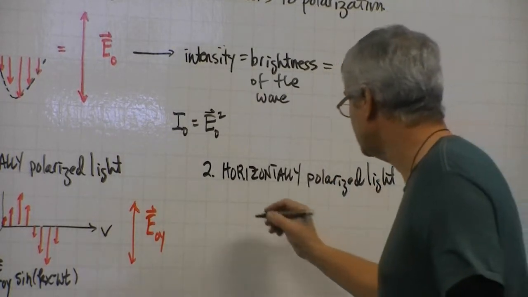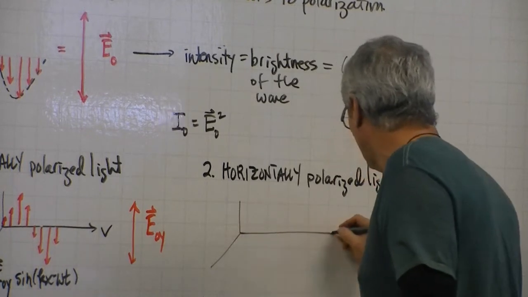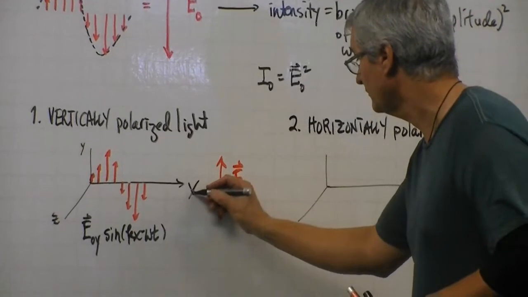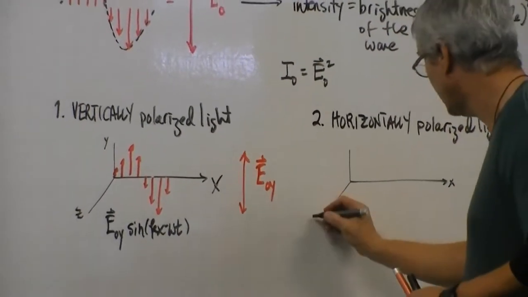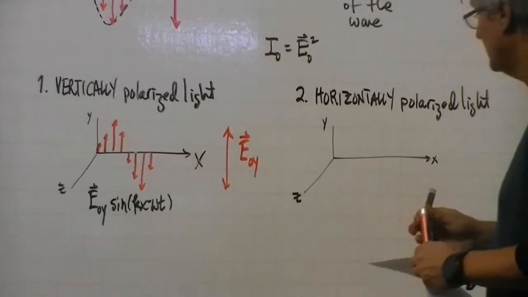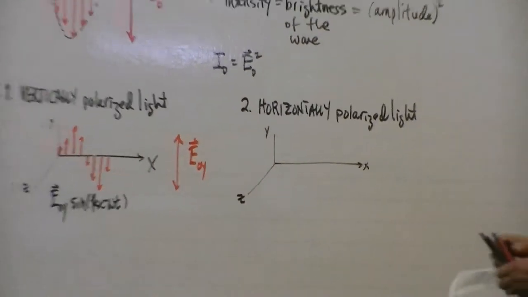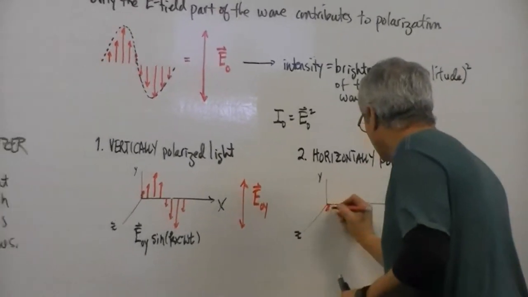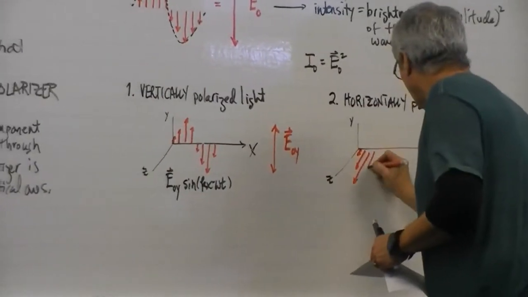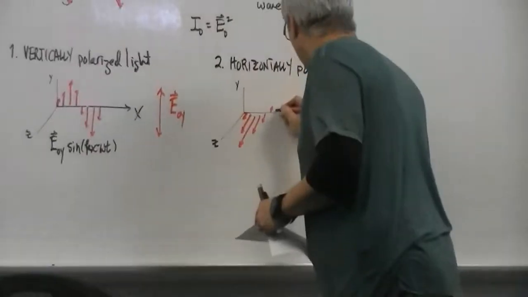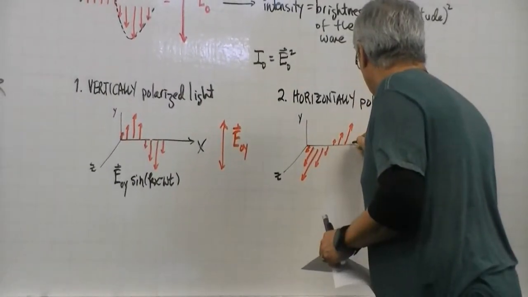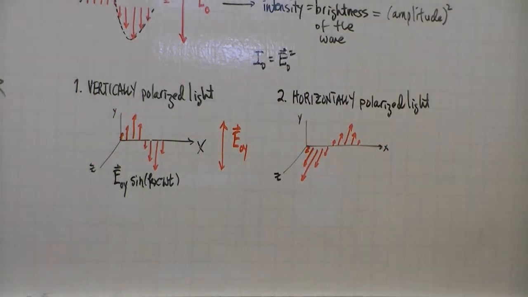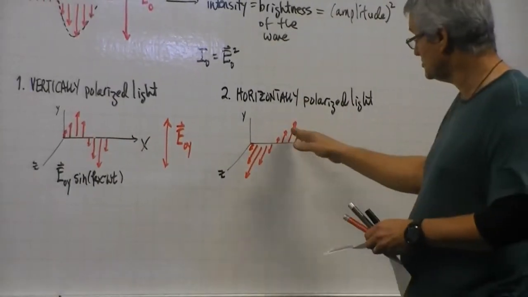If I look at this, I set up my coordinate system as before, and what you're seeing here is that I pay attention to the z-axis, not the y-axis. So this wave is actually coming in like this, and then it goes into the board. And remember, this is very hard to visualize because it is going into the board.